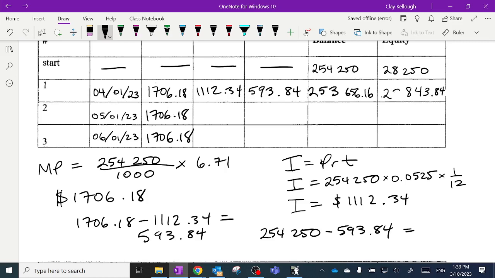So there we go, $28,843.84. Let me double check my mental math, but I think that's right. 250 plus 593, 843. Sounds reasonable.